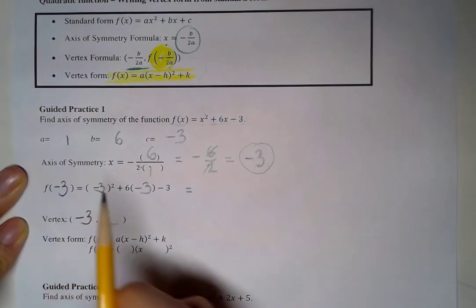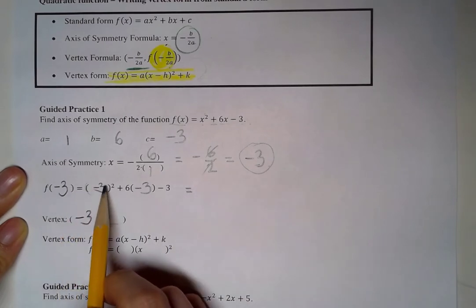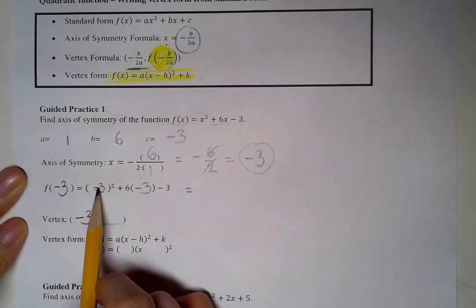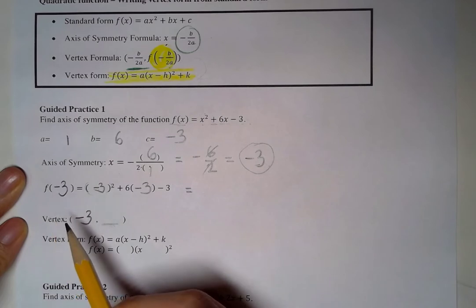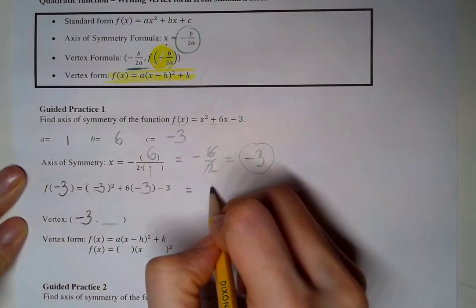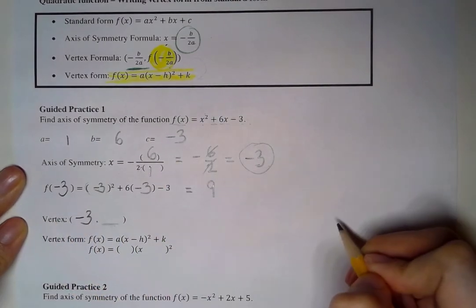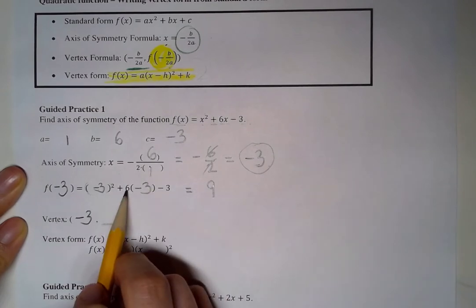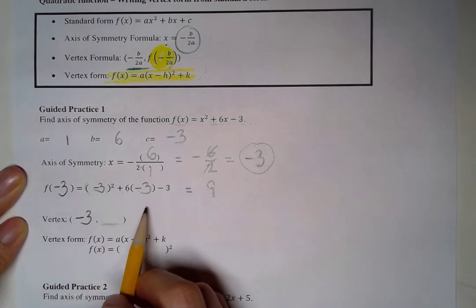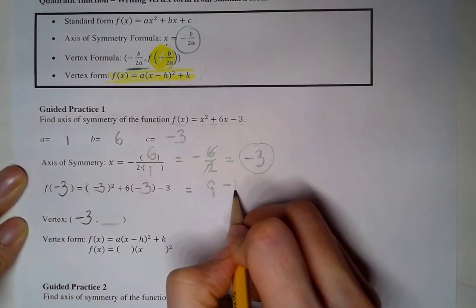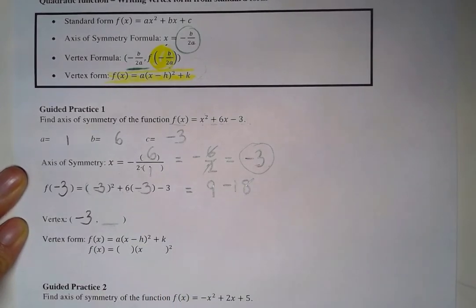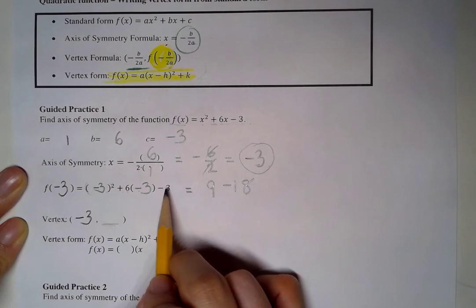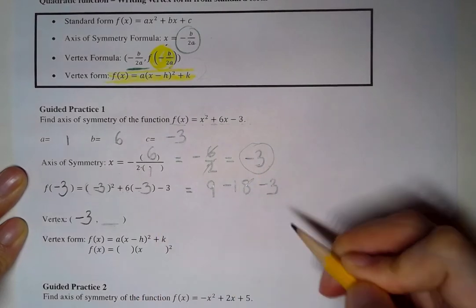So negative 3 squared, with parentheses, so you cancel this negative sign because you're doing negative 3 times negative 3, right? So it will be 9 here, and 6 times negative 3. Then what do you get? Negative 18, right? And you have this minus 3 here, so just keep it, all right?